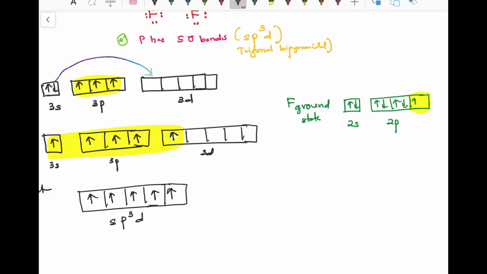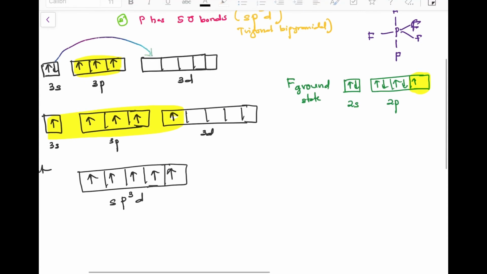So we know that when we draw the molecular geometry, it's supposed to be one on the top, one at the bottom, and we have 3 F here. So when it comes to the overlapping, we still have to draw the geometry according to that technique.